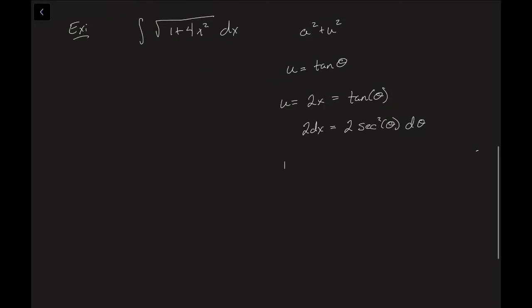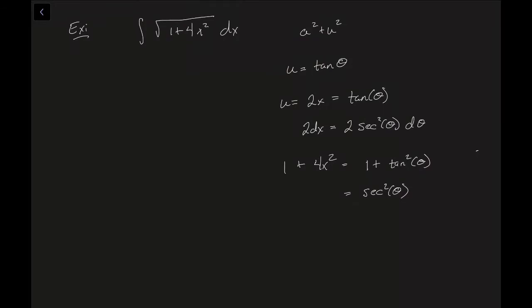And it also tells us that 1 plus 4x squared is going to be equal to 1 plus tangent squared of theta. And as we know, that is equal to secant squared of theta.